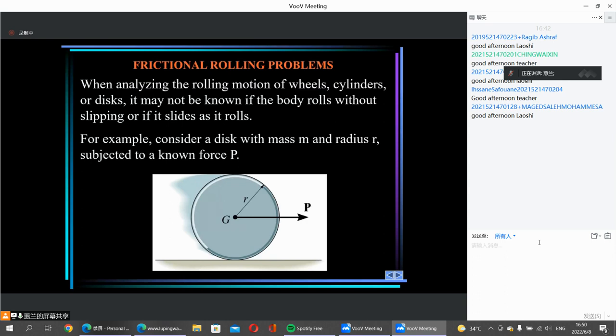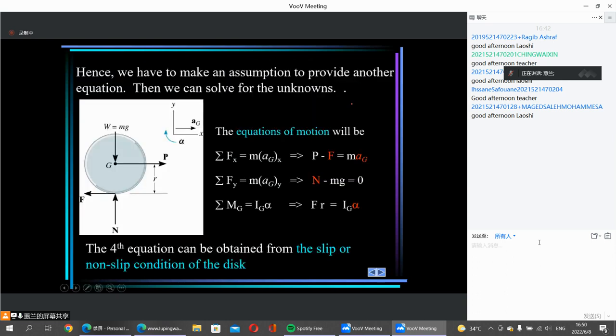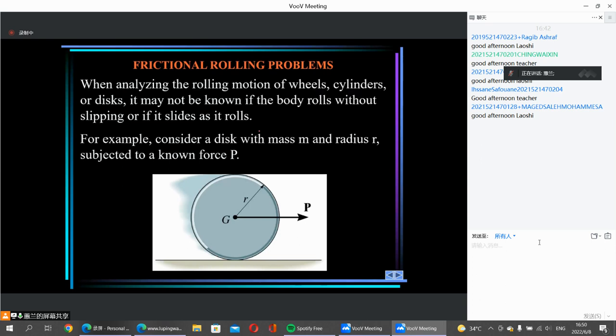So we need to make an assumption and then sometimes check our assumption. For example, when analyzing the rolling motion of wheels, cylinders, or disks, it may not be known if the body rolls without slipping or if it slides as it rolls. We don't know whether it's no slipping or slipping.